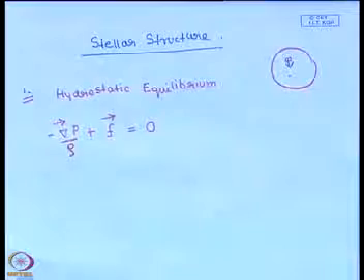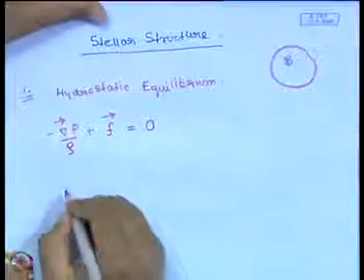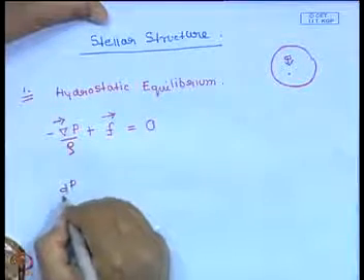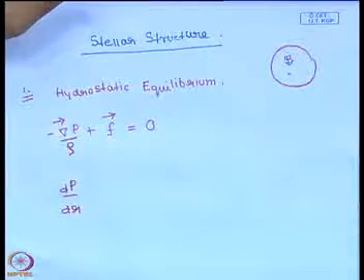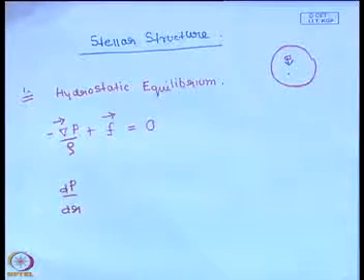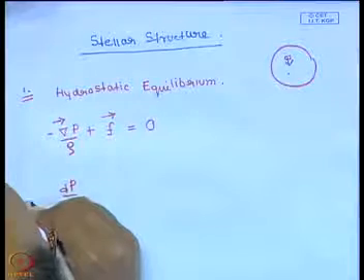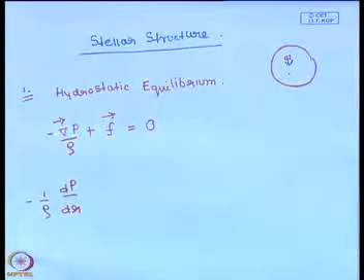So, we can now write this equation as dP by dr, okay, is equal to minus 1 by rho plus the acceleration per unit mass.